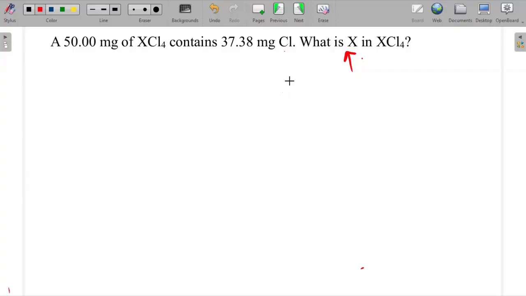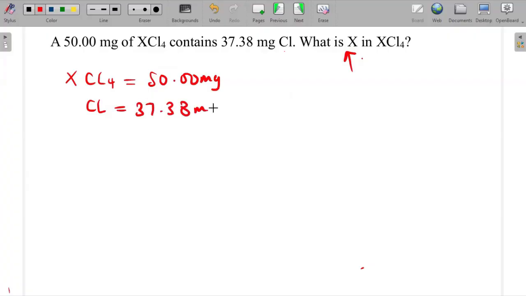What are we going to do in order to find this identity? First of all, they've said XCl4 has the mass of 50.00 milligrams. And the mass of the chlorine is 37.38 milligrams.